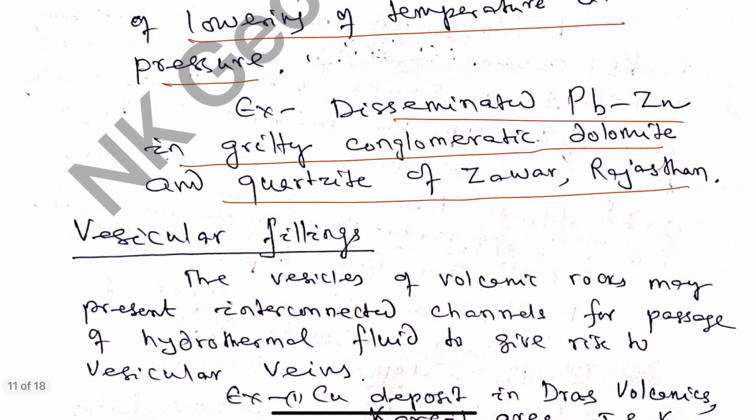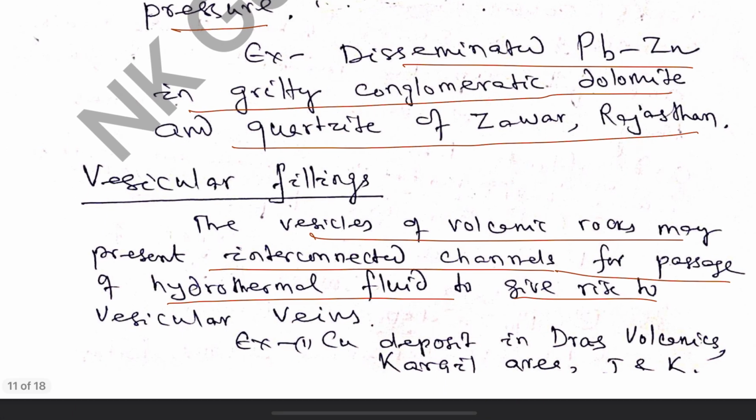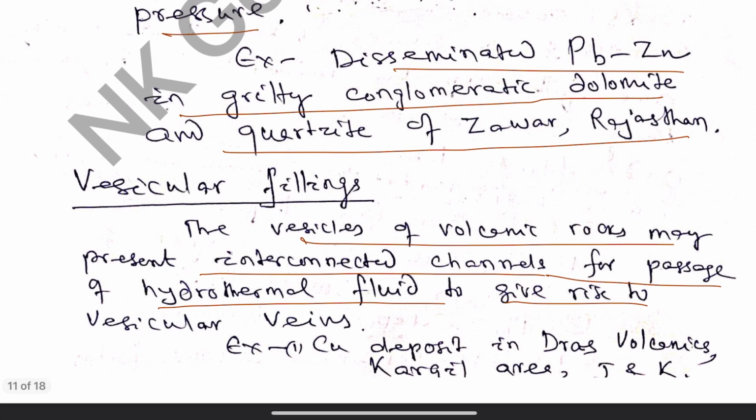Then vesicular fillings. The vesicles are found to develop in the volcanic rocks, and the vesicles may be interconnected, and these interconnected channels in the volcanic rocks provide the passage for the hydrothermal fluid, and this hydrothermal fluid under suitable conditions of cooling and reaction gives rise to vesicular veins.